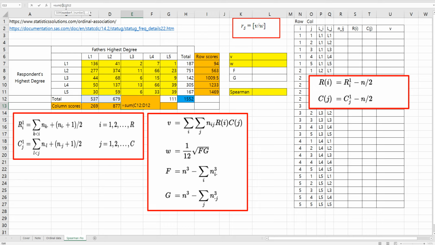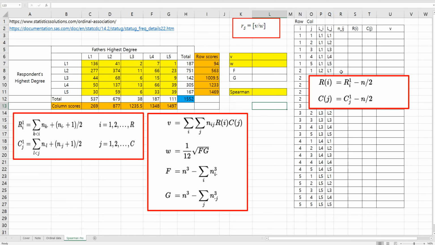We can fix this one, and plus third marginal sum, plus 1, and divide by 2. Then we can apply this formula for other cells.